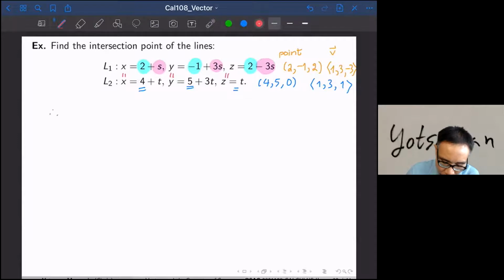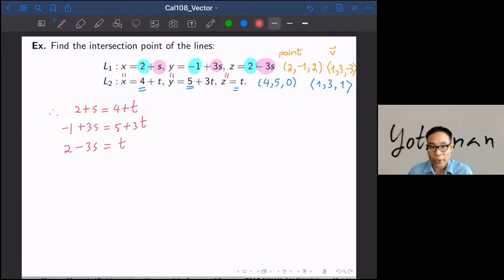So this would yield 2 plus s equal to 4 plus t, negative 1 plus 3s equal to 5 plus 3t, and 2 minus 3s equal to t. So you see that you have three equations and you would like to solve for s and t simultaneously.